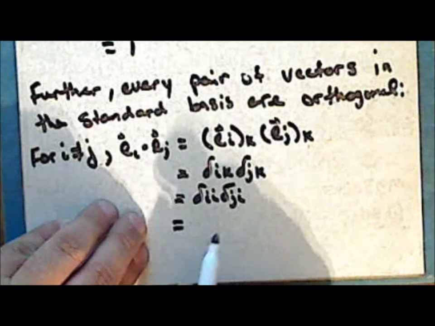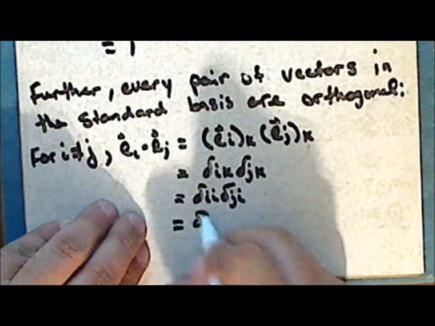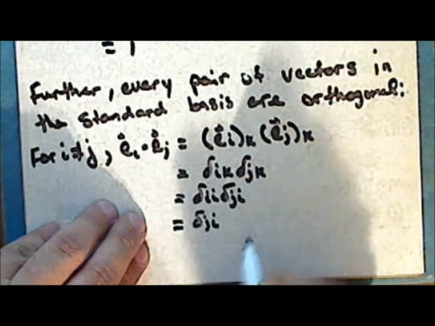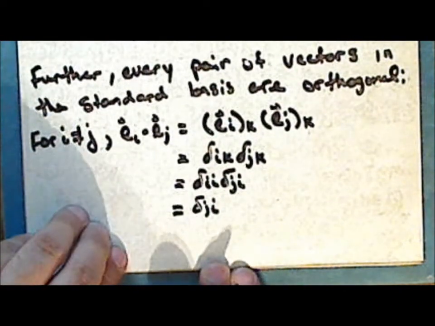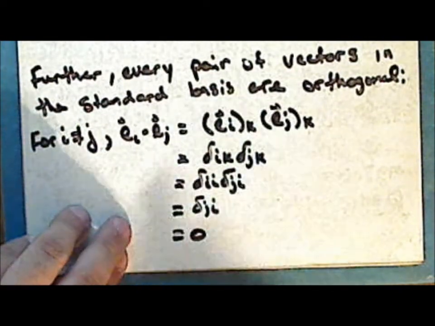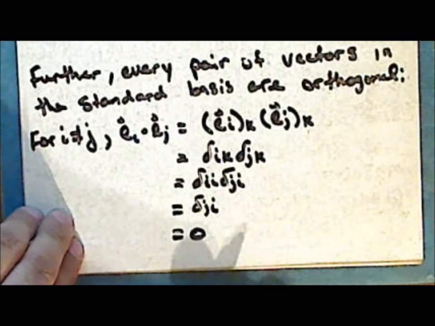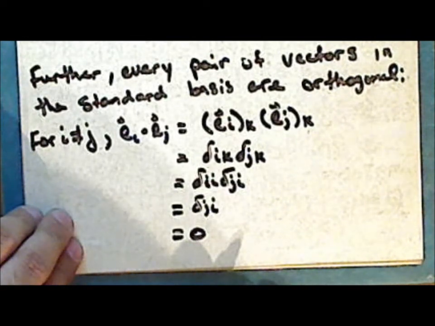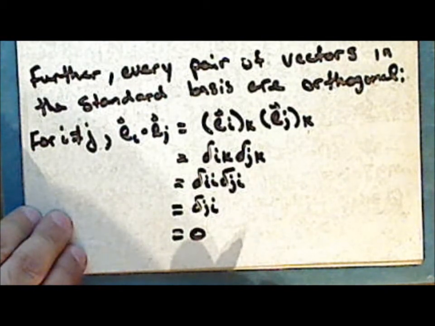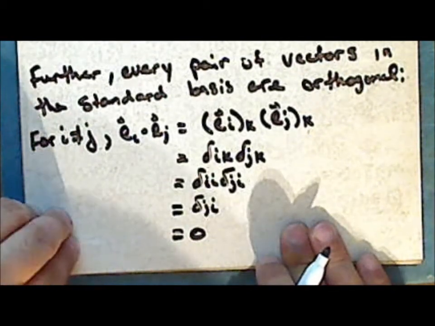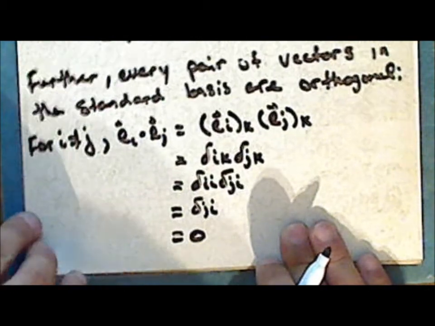Delta ii is the number 1, so this is simply delta ji. Now j and i are never equal, and so this is 0. So the dot product for any pair of vectors in the standard basis is 0, and so any pair of vectors in the standard basis are orthogonal.